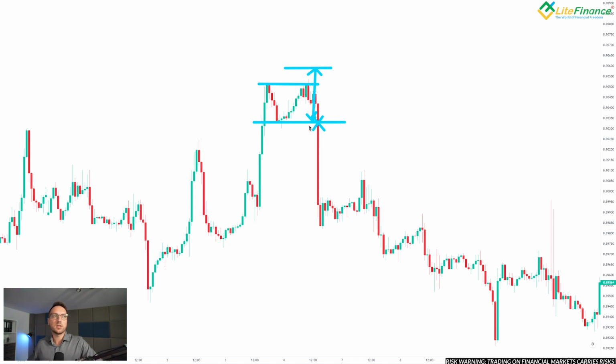This is a small formation, so we could target 2 or 3 Rs, right? So we have basically 1, 2, and more or less we could cash this position somewhere over here. So this one would be a profitable example as well. And of course, we have the continuation to the downside. So that's the first one.